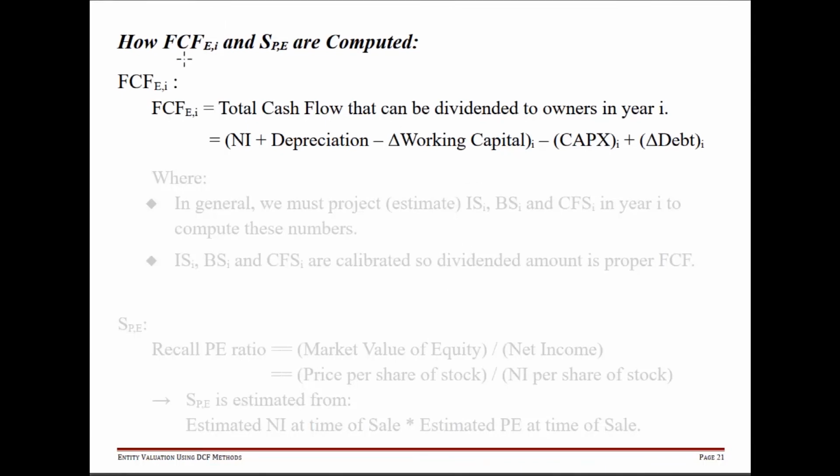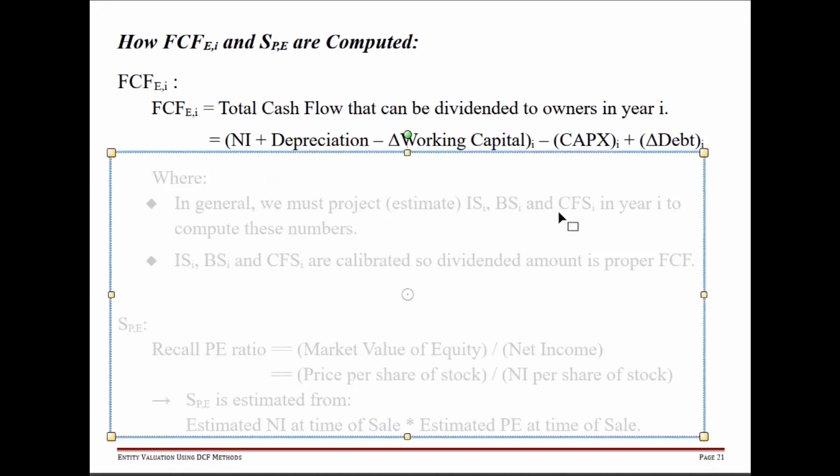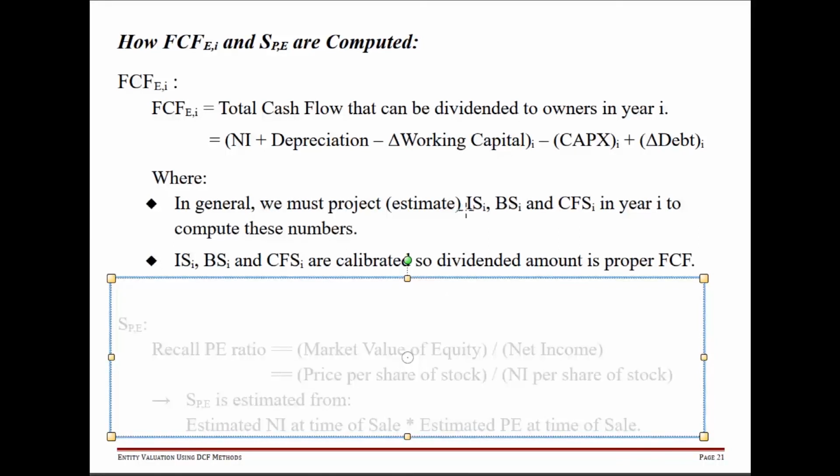So let's make sure we understand how to get the free cash flows and the selling price for this. Okay, so the free cash flows are going to come from our general free cash flow equation for owners here. And as usual, we have to compute income statements, balance sheets, etc. to get these guys, okay?